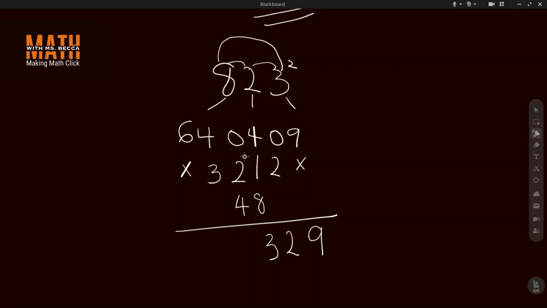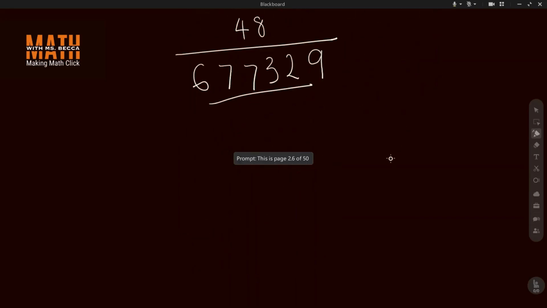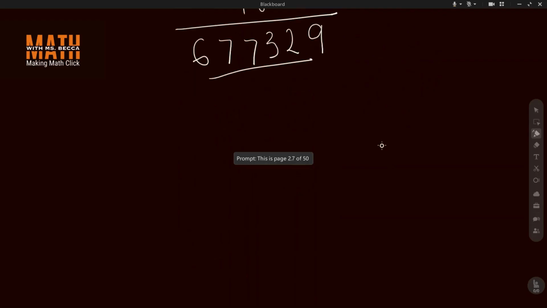Remainder 1. 1 plus 2 is 3 plus 4 would give 7. 4 plus 3 is 7. And then we have 6. So the square of 823 will be equal to 677,329.